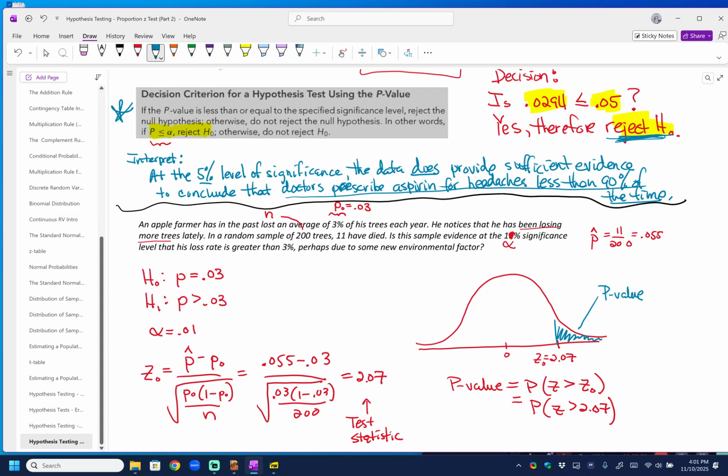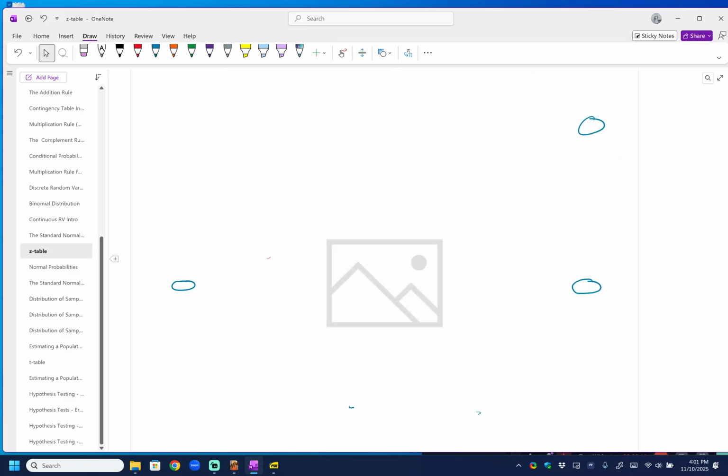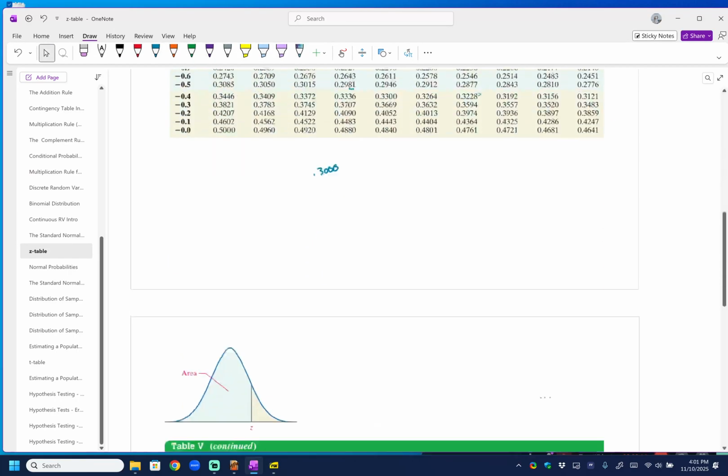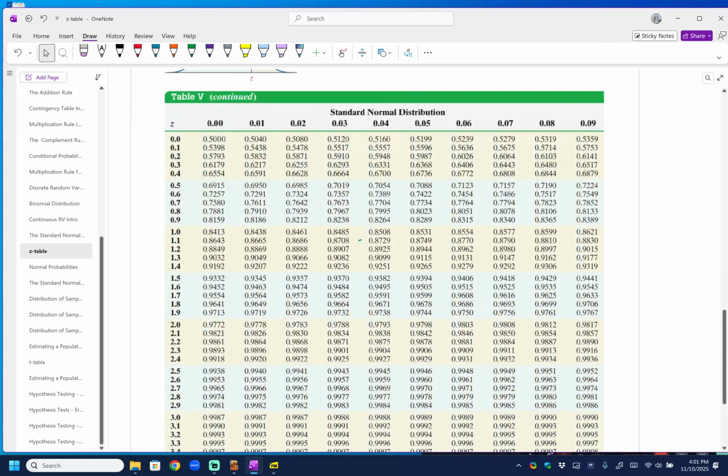Therefore, you just have to bring back some of your skills with using normal distributions and how to find area above. So, of course, you do look up 2.07 in our z table. 2.0 and then 7 is going to put us about right here, which is at 0.9808.